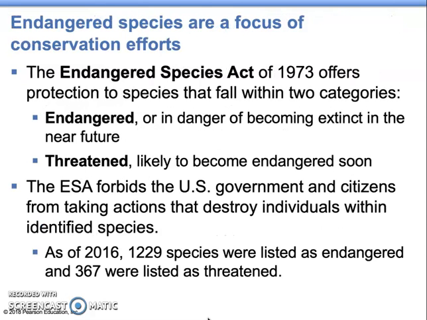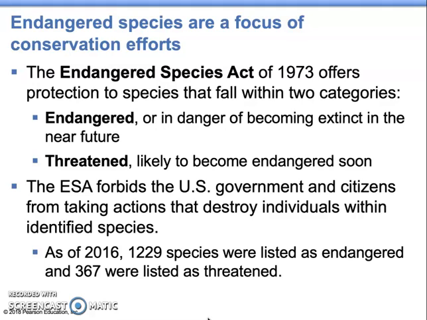Species often are broken down into two categories, endangered and threatened, within the Endangered Species Act of 1973, a U.S.-specific national legislation that aims to protect species that fall within either of these two categories.